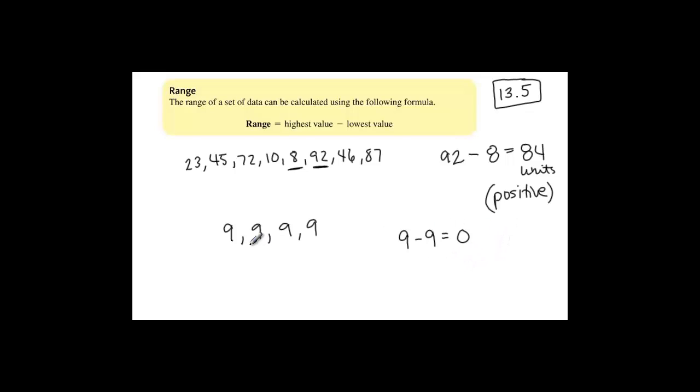So it is possible, if every piece of data or every observed value in your data set is the same, that we would have a range of 0. If we have a highest value minus a lowest value, we'd end up with a positive range. So the range will never be negative. It'll always either be positive or 0.